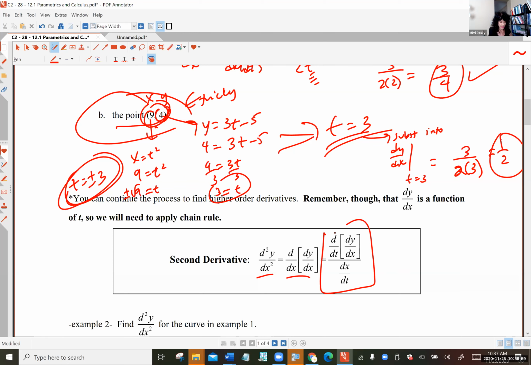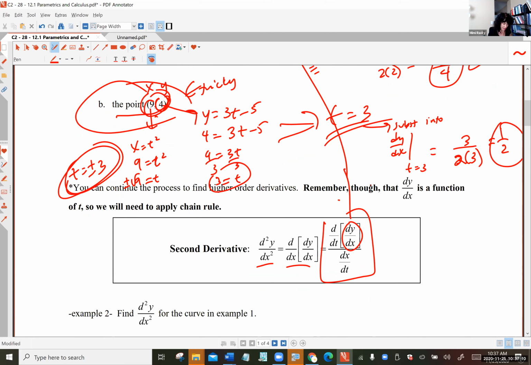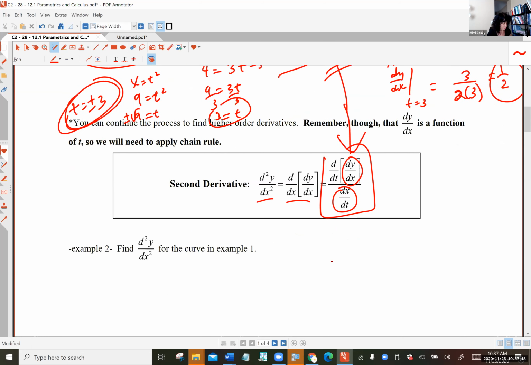You take the derivative d/dt of your dy/dx, which you got already, from up here. So you stick that there and take the derivative of that with respect to time t, and then you divide by dx/dt. What? Yeah, weird.